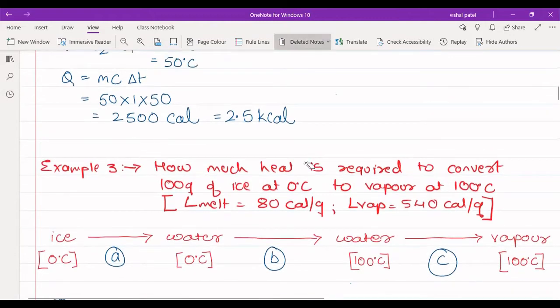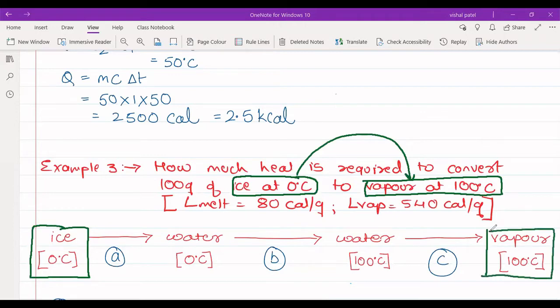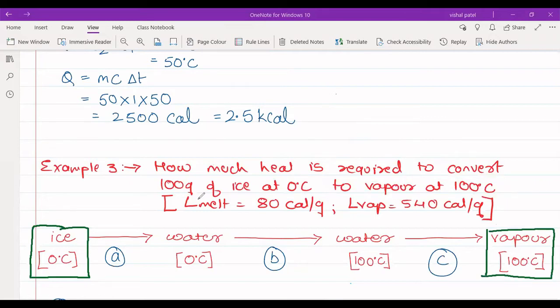Now students, the main thing you have to remember over here, let me show you with annotation. I have given this: ice at 0 is converted to vapor at 100. Now, students, understand this very properly.